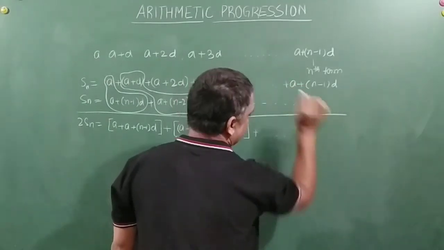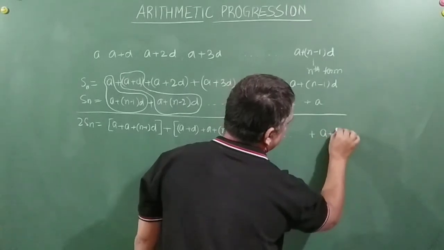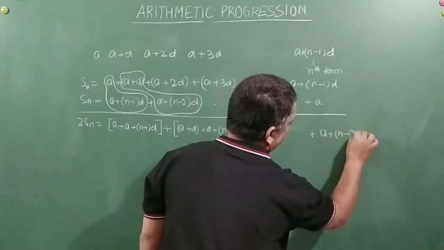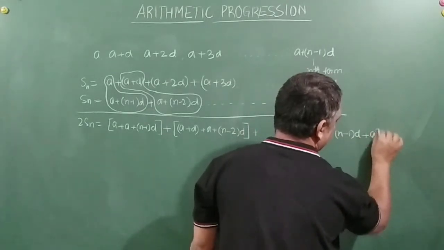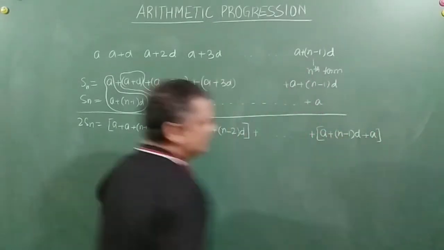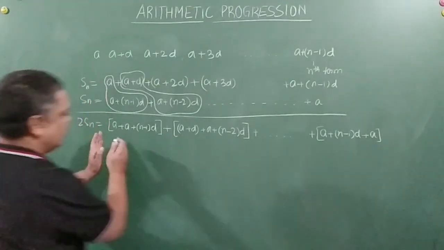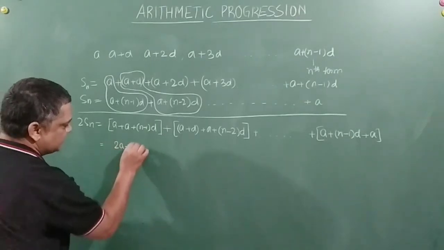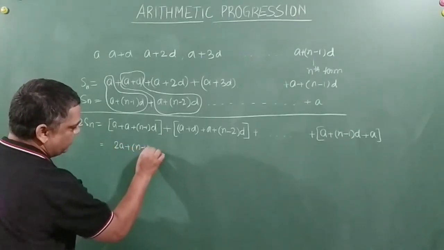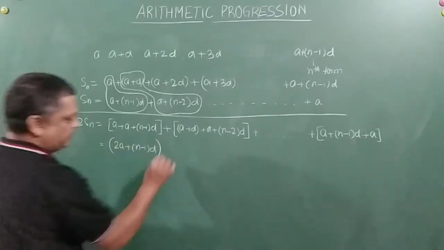Let me write plus here, plus A plus n minus 1 D, that is nth term here, right, plus A. This will be the last term of my series, right? So friends, we can clearly see here that this becomes 2A plus n minus 1 into D. This is my first term.